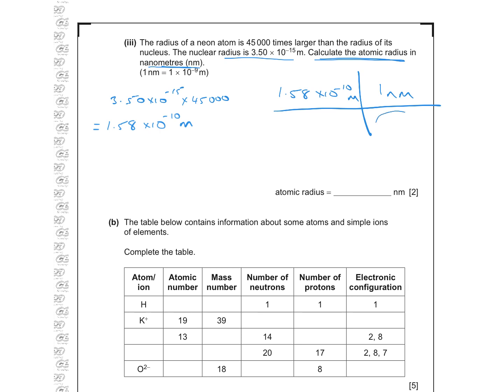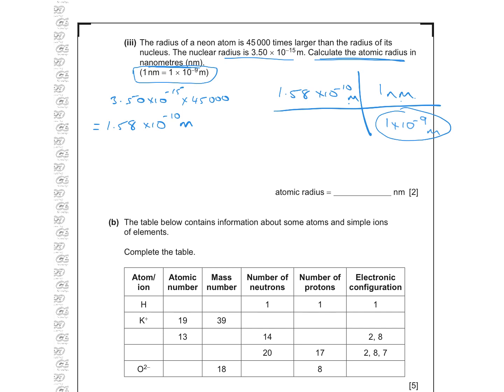So in here, I want to put how many meters go into a nanometer, because I'm going from meters to nanometers. Now I've already been given this information here, and you can see it's 1 times 10 to the minus 9 meters. So I'm going to put it in here.